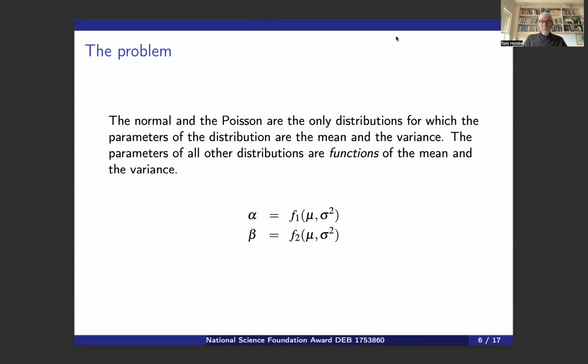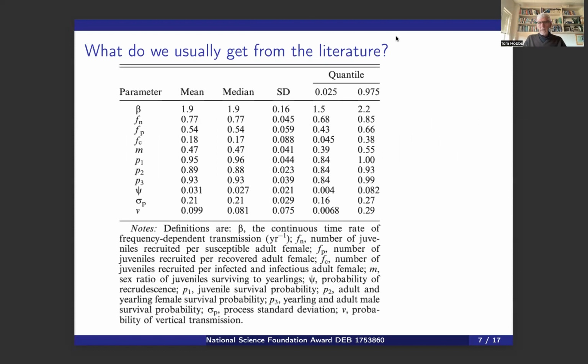The parameters of all other distributions, all but the normal and the Poisson, are functions of the mean and the variance. But what do we usually get from the literature? Well, means and standard deviations or standard errors, sometimes variances. And so how can we put these values that we get from the literature to use in composing reliable, informed priors?